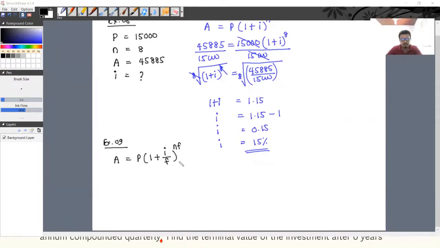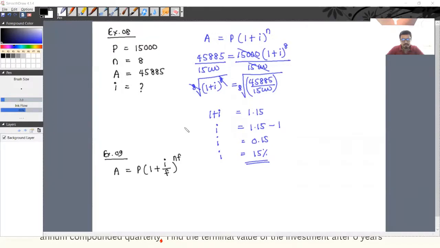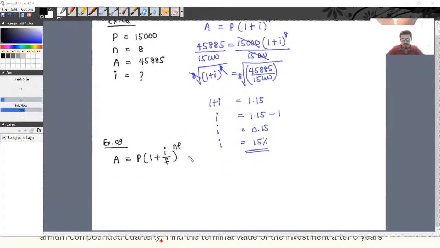Is it difficult for you to see? Here, principal amount is what?